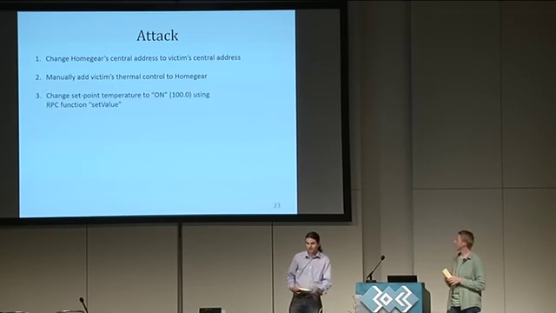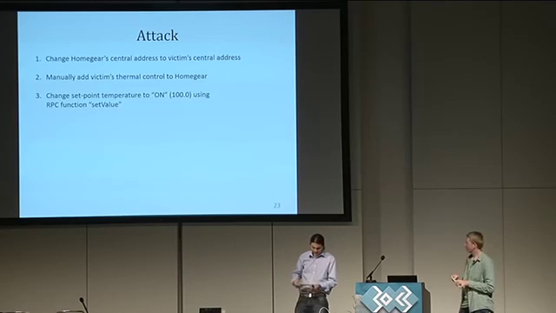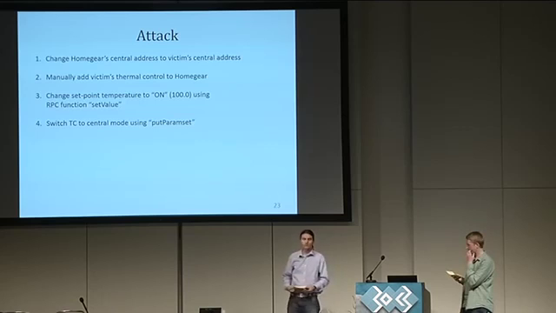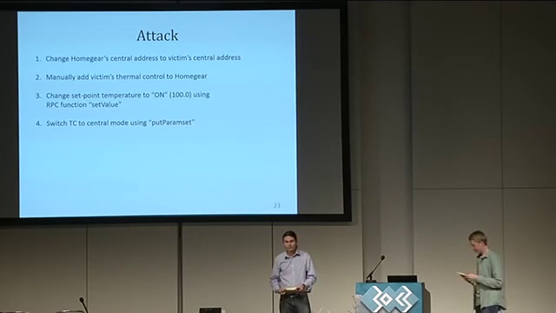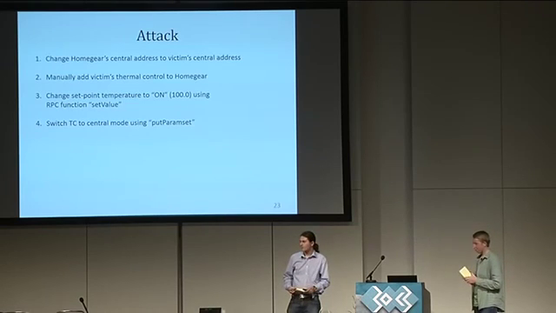The third step is to change the setpoint temperature. And the fourth step is to switch the thermal control mode into central mode, because if the thermal control device is in a non-central mode, it would not use the temperature set by us for the actual valve drive device.